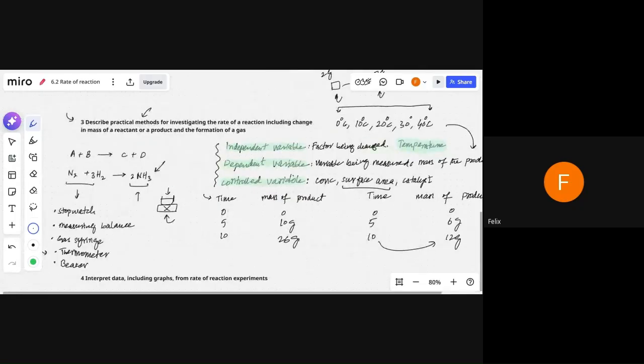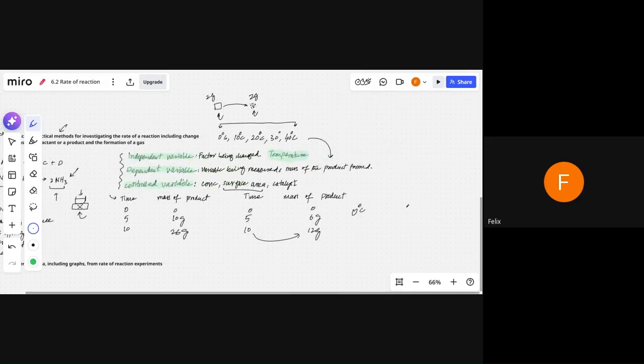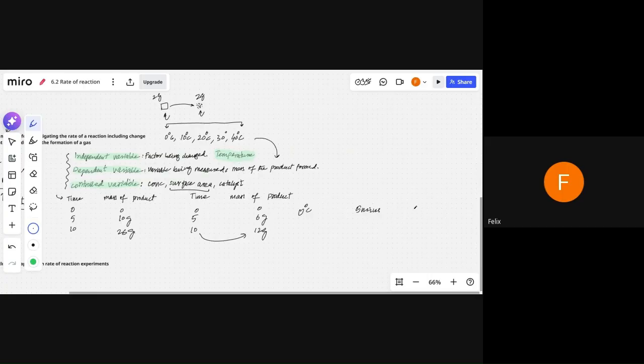Now, how will you study the effect of the temperature change on the rate of a reaction, right? So you compare the temperatures with the mass of the products being produced, right? And then you can draw a table like this: when the reaction was at 0 degrees Celsius, in 5 minutes, 2 grams of a product was produced, and then at 10 degrees, in 5 minutes, 9 grams of product got produced, and then at 20 degrees, after 5 minutes, the product produced was 20 grams, right?